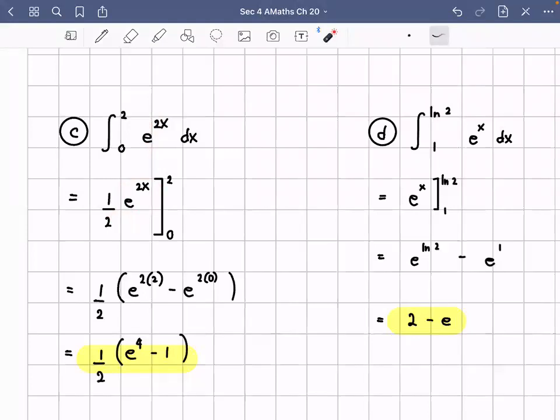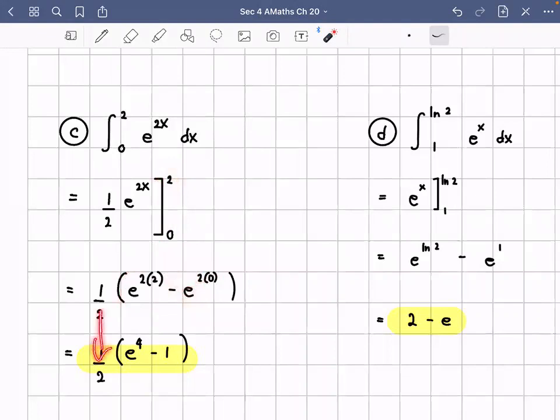Then we find the value of the limit from 0 to 2. Take note of this: you can set aside 1/2, and then you perform the limits inside a bracket. So again, set aside 1/2, and then e raised to 2 times 2 for your upper limit minus e raised to 2 times 0 for your lower limit.